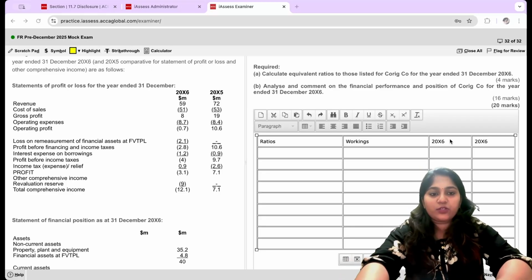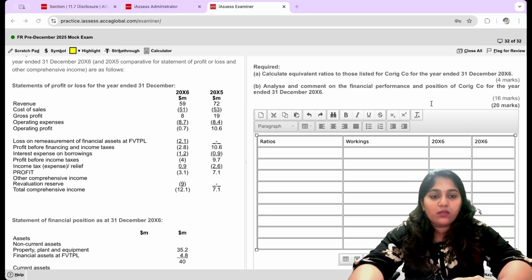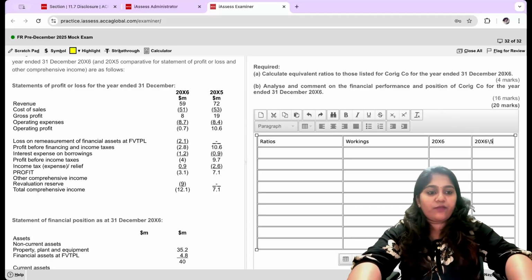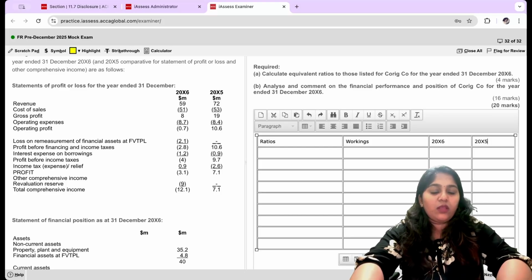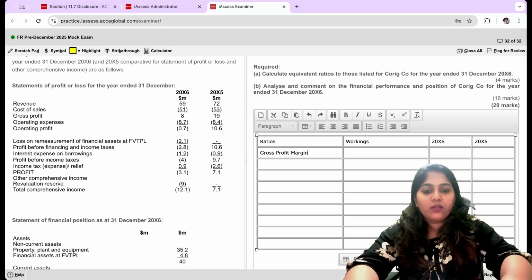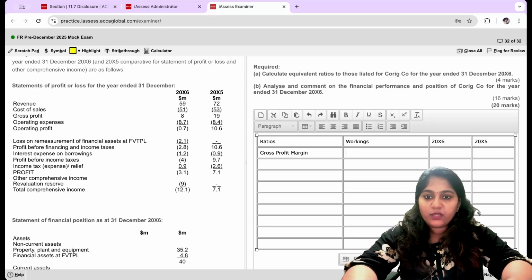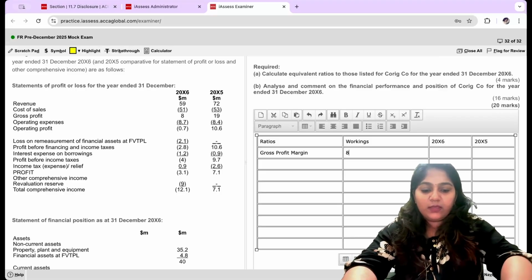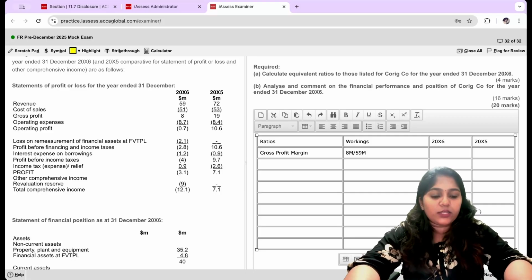This is the information that I have to go ahead and do. 20x5 will be there. So we will start with gross profit margin. What is the gross profit margin that we have? We have to calculate gross profit, that is 8 million upon 59 million. So 8 million divided by 59 million should give you a ratio of how much?